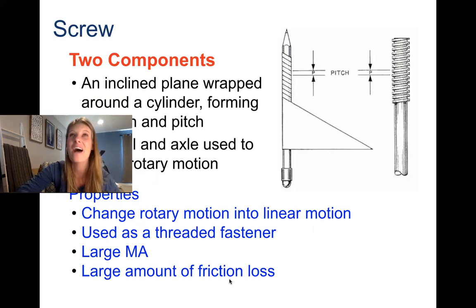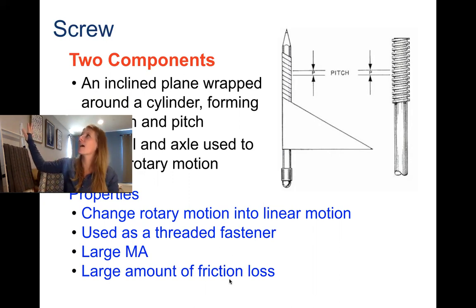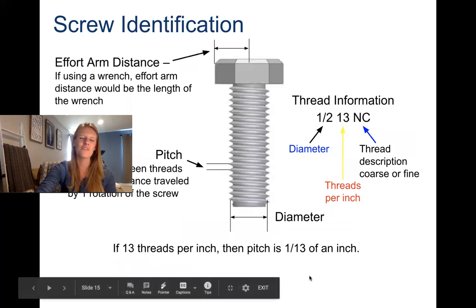If you've ever tried to screw into a stud in a wall without drilling a pilot hole, screwing into that is almost impossible sometimes. It's because of friction. There's too much friction for you to actually screw it. So please understand there is a lot of friction loss here, so the percent of efficiency a lot of times is not very high on these.